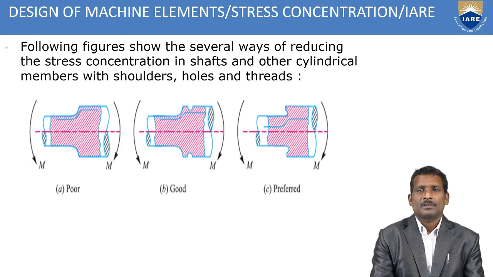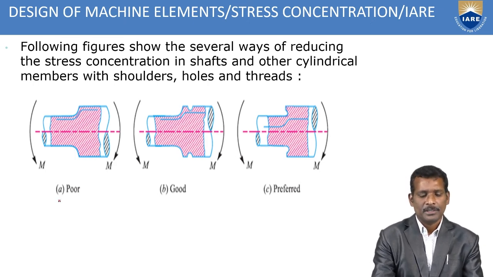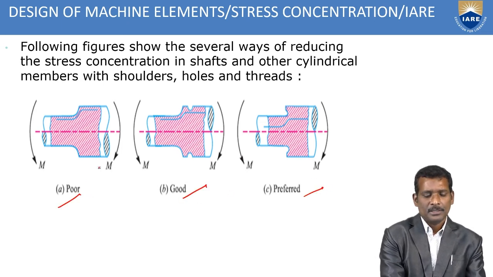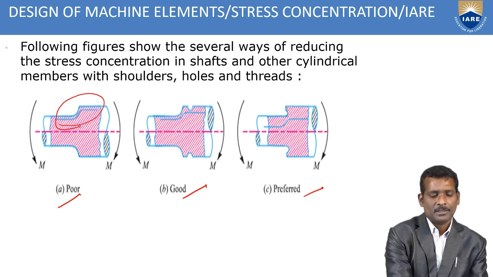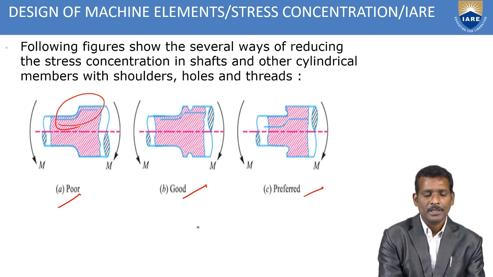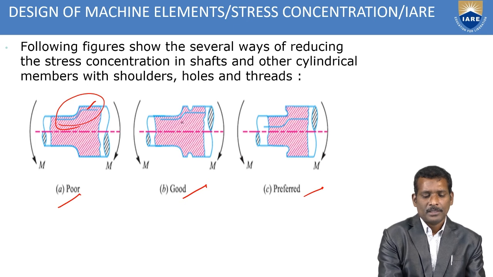See, the following figures show several ways of reducing the stress concentration in a shaft and other cylindrical members with shoulders, holes and threads. Here the first one is poor and the second condition is good and preferred. Whenever subjected to the moment, the stress distribution lines are like this in the first figure, very near to this edge, even though the fillet is there. Here the second case is somewhat better.